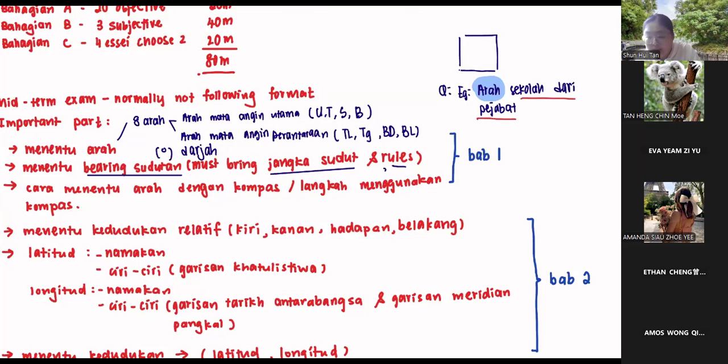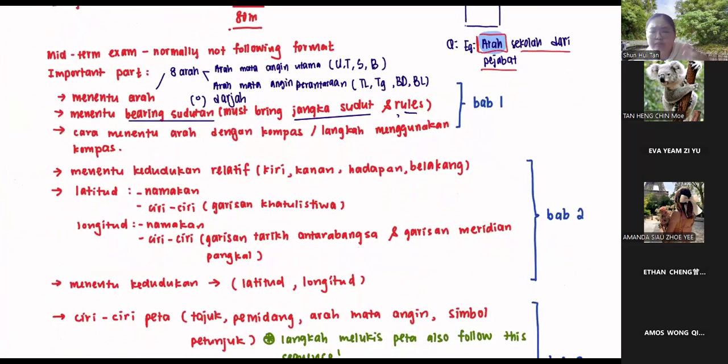Read the question properly. Are they looking for arah or bearing sudutan? Because they will mention it in the question. A lot of people tend to just say, oh, place A, place B, and start to tell the answer. And this is very serious.